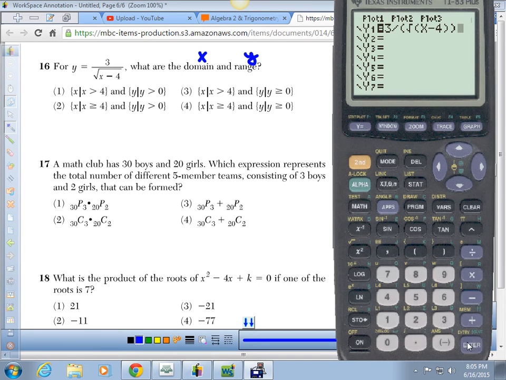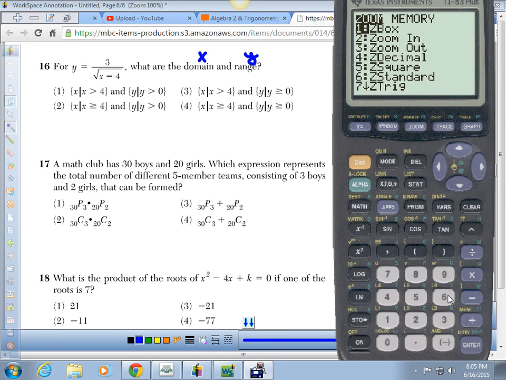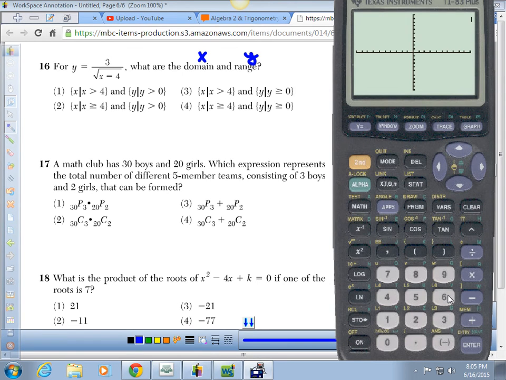We always start our graphs with what? Zoom 6. And so there's my graph. Do the x values keep going to the left, or does it get to a point where they kind of stop? It's to a point where they stop, right? Okay, and we can see that by what's happening here with the pixels, they are becoming a straight line vertically, aren't they?